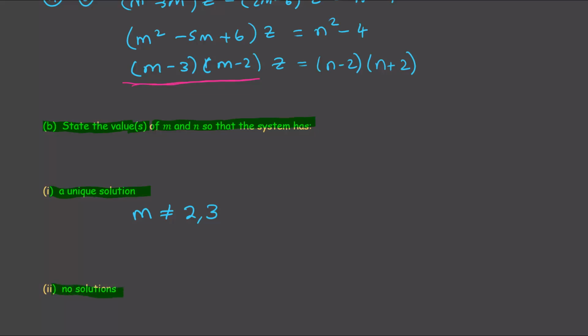And that means we want a situation where we have 0 z's is equal to, say, a, where a is not 0, and then that is not possible. So for no solutions, we would have m equal to 2 or 3, and n not equal to plus or minus 2. So 2 or minus 2 will make this side 0. We want it to not be 0.